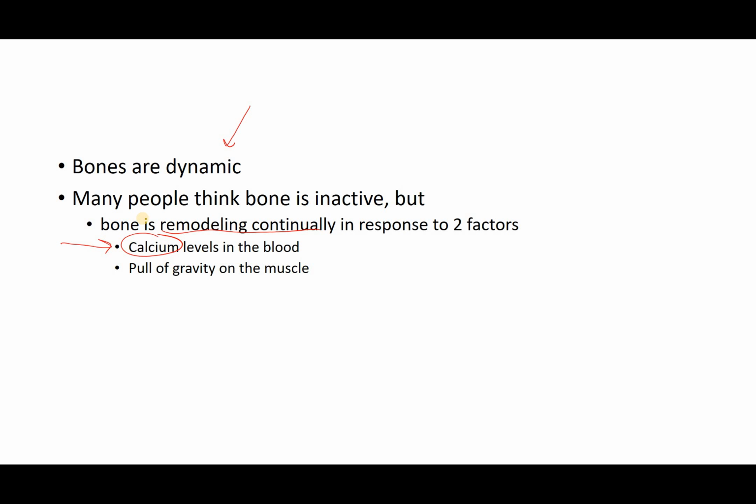You also need other macro and micronutrients like vitamin D, and then healthy foods. You want to avoid pro-inflammatory foods and stick with as healthy a diet as possible. So bottom line, it is diet and lifestyle that's going to help you with healthy bone growth and development over time.